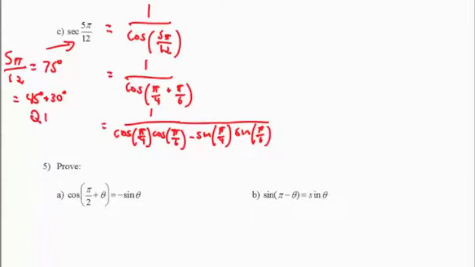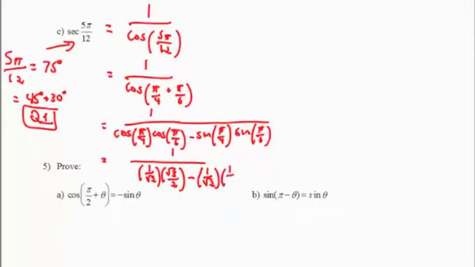Sweet. Okay. And again, going back to this idea of reference angles and all that jazz, because this is 75 degrees, we know that this is in quadrant 1, which means that our principal angle is our reference angle, so we don't have to do anything with that, which means we can just plug in 1 over. And here we go. This is 1 over the square root of 2. This is root 3 over 2. Boy, this looks familiar.